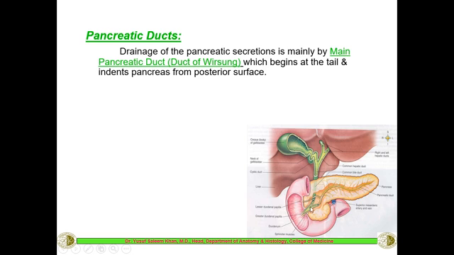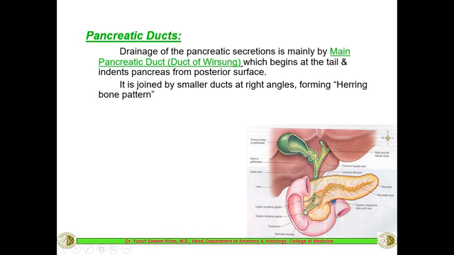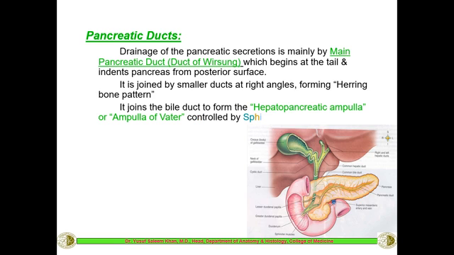Before it opens, it joins with the bile duct into something called the hepato-pancreatic ampulla, or the ampulla of Vater.